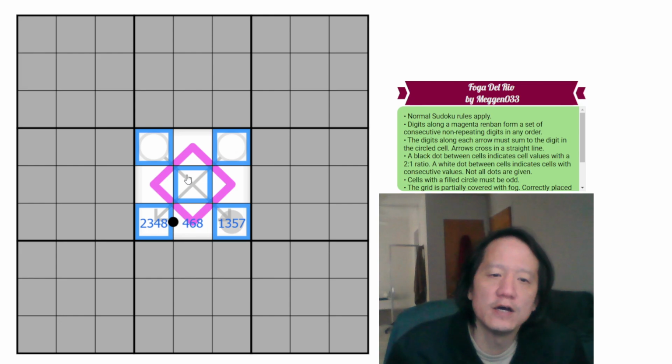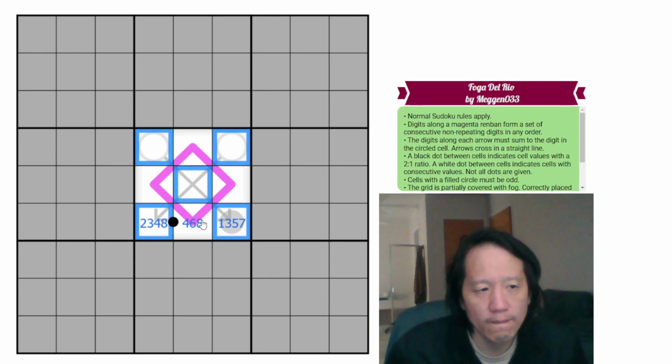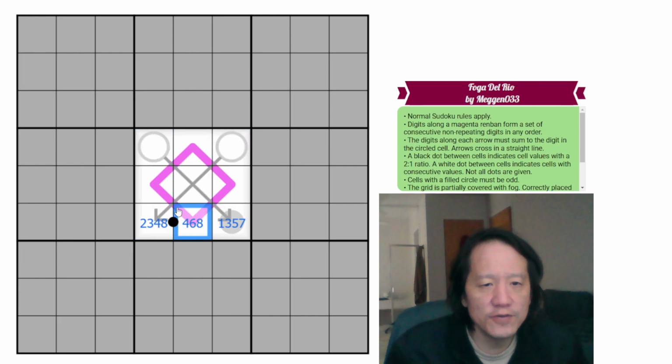You could have... Well, okay, so if you have 6, 7, 8, 9, and you have this being the 6, this would have to be 3. These could not be 1 or 2, so this would have to be 1 and 2 in that situation.